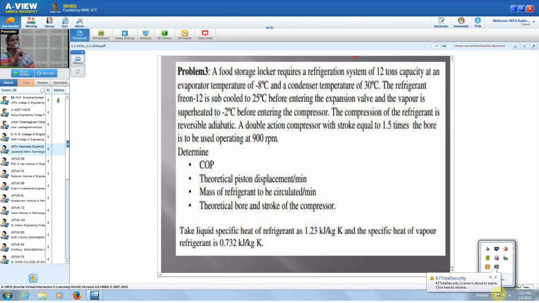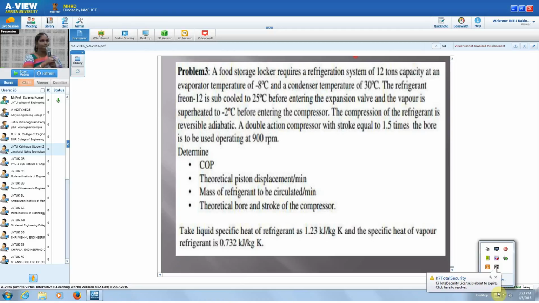The compression of the refrigerant is reversible adiabatic. A double acting compressor with stroke equal to 1.5 times the bore is used, operating at 900 RPM.